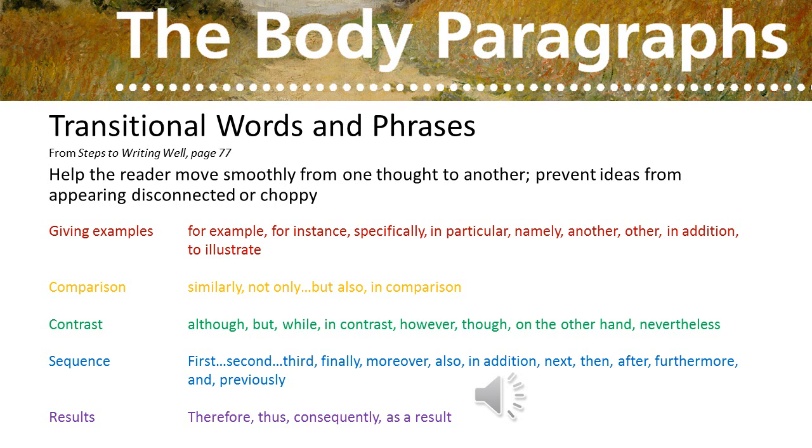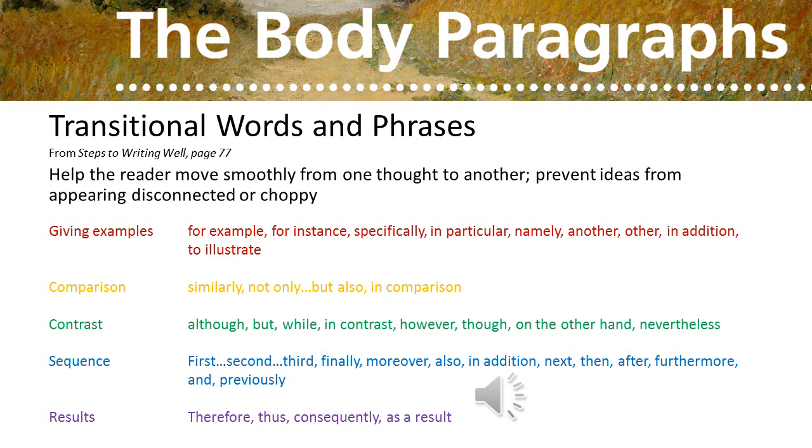Sequence, again, I mentioned just a little while ago, is something you'll use a great deal if you are listing pieces of evidence or supporting details, not necessarily giving examples or making comparison or contrast, but simply adding more pieces of information like we saw with that paragraph about the pledge. First, second, third. Notice it's not firstly or secondly or thirdly. Do not put the ly at the end.